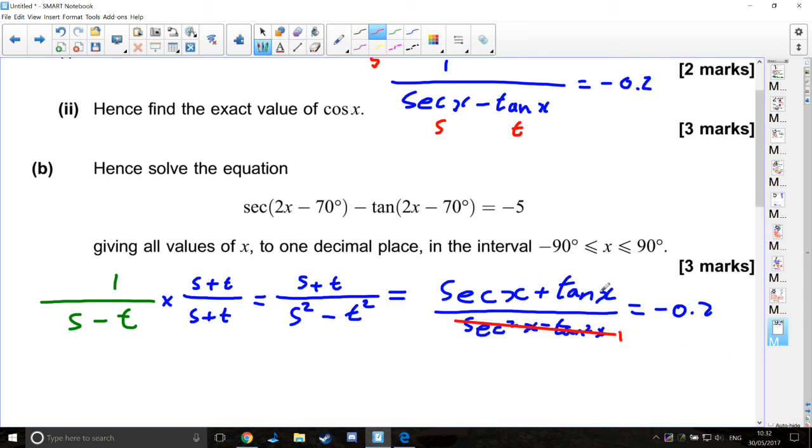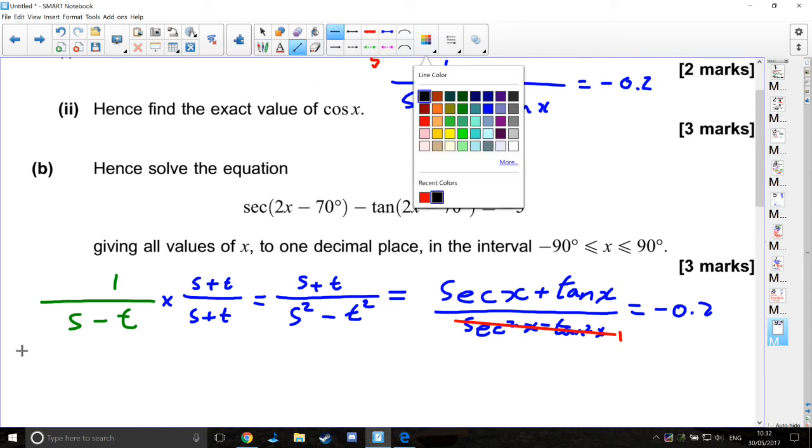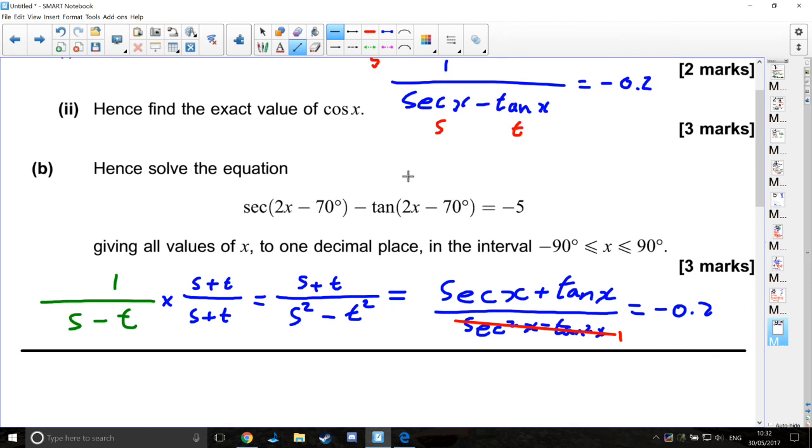So that is it. Sec x plus tan x is negative 0.2. So that's the first question done.